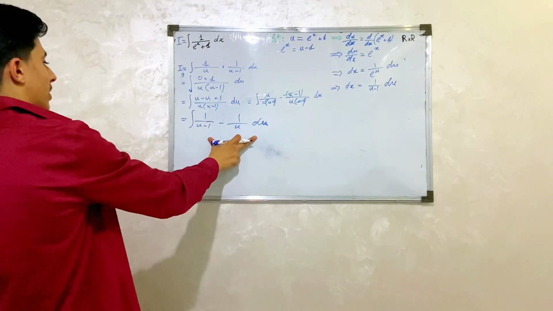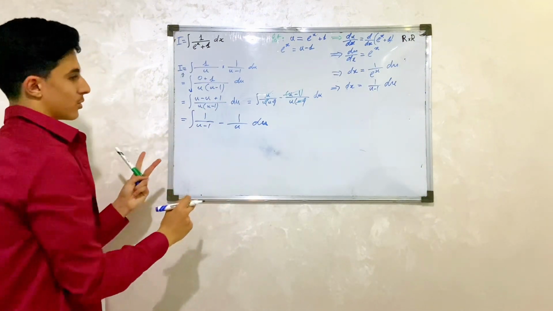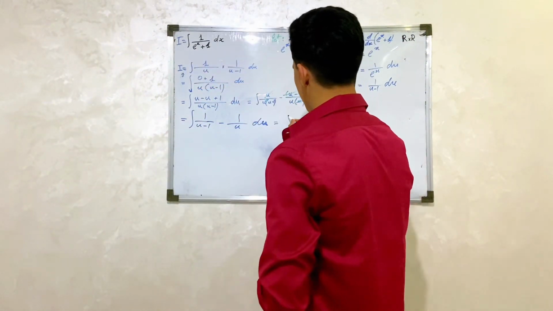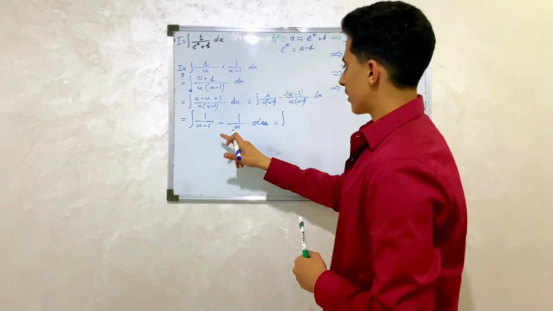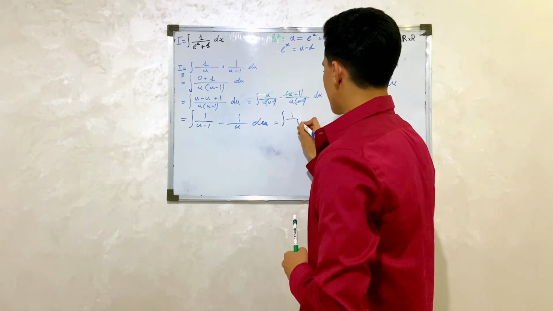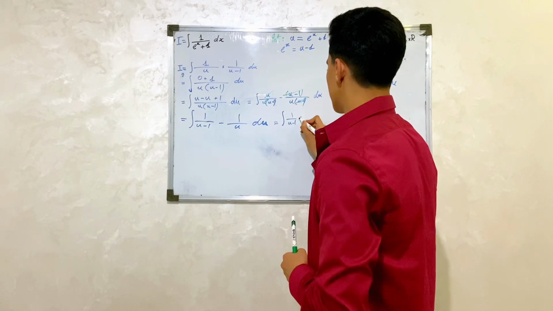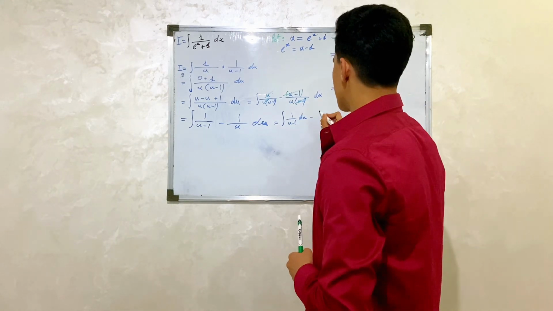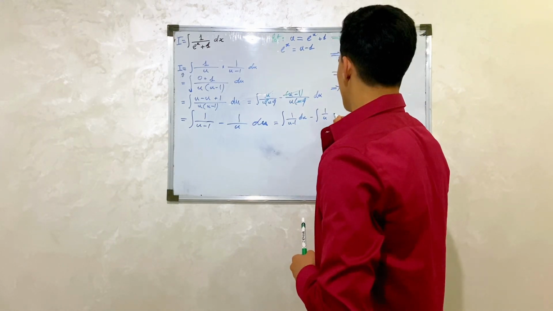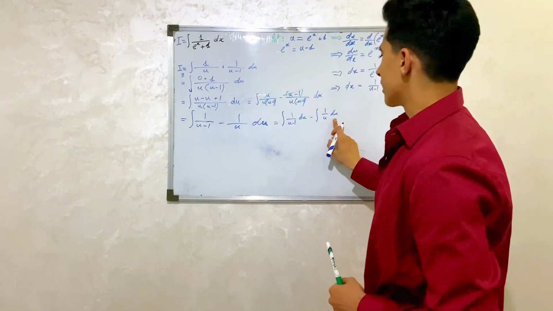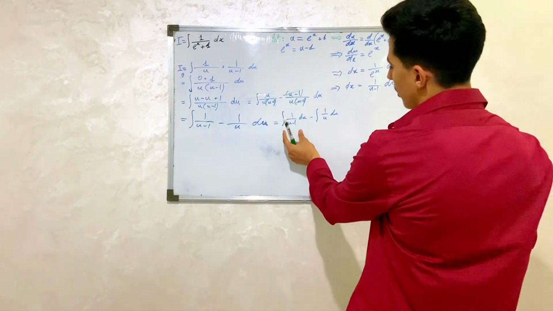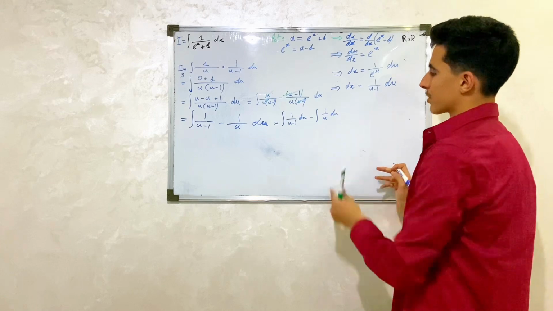Now we are going to break this apart into two integrals. So we are going to get the integral of 1 over u minus 1 with respect to u minus the integral of 1 over u with respect to u. So these are really easy integrals.